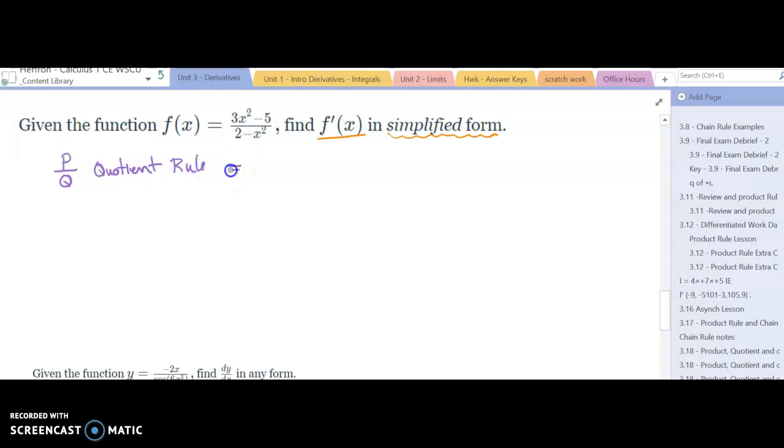And the quotient rule is equal to the derivative of the numerator times the denominator plus the derivative of the denominator times the numerator. So we'll say p is equal to 3x squared minus 5. P prime is 6x.